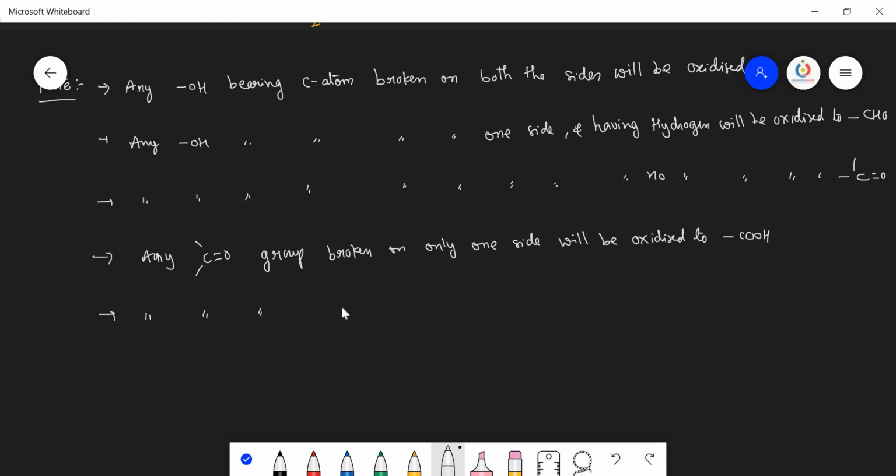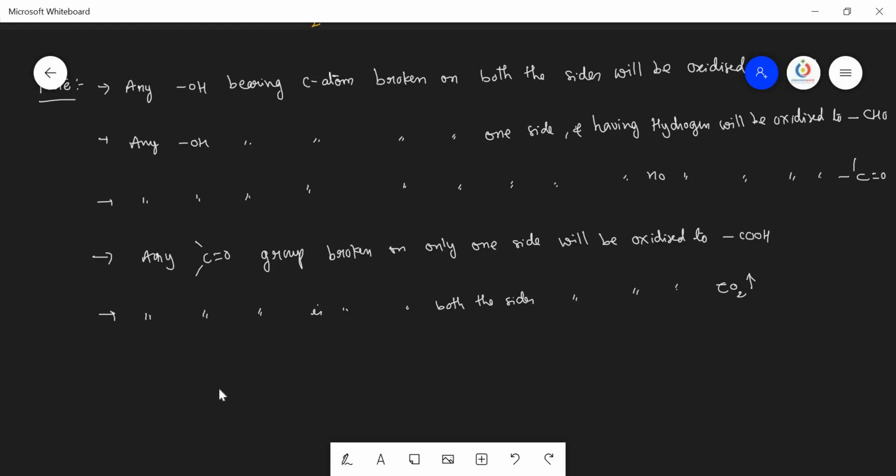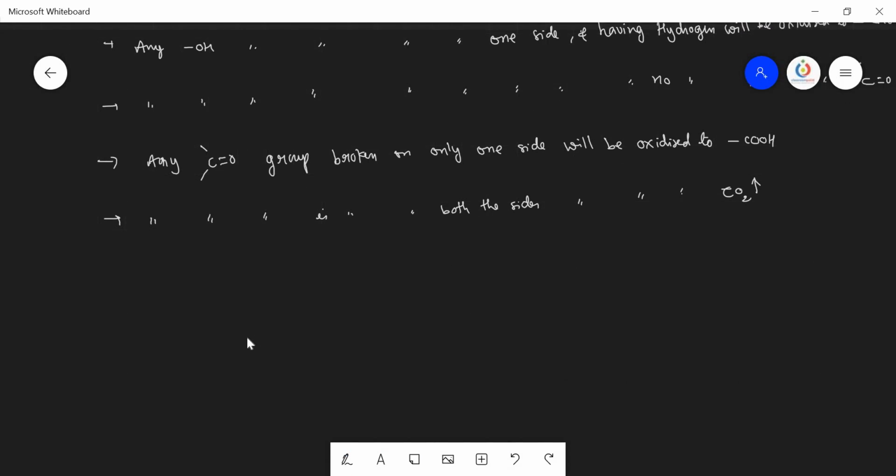And any CO group broken on both sides will be oxidized to carbon dioxide. So these are the important points to understand or to remember in this particular oxidizing part.